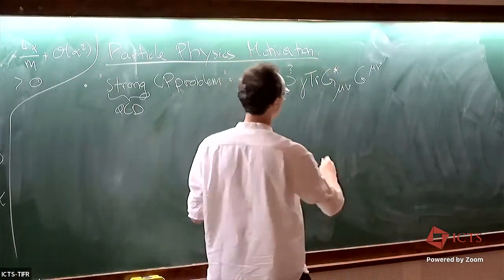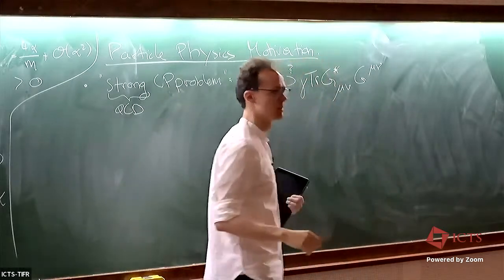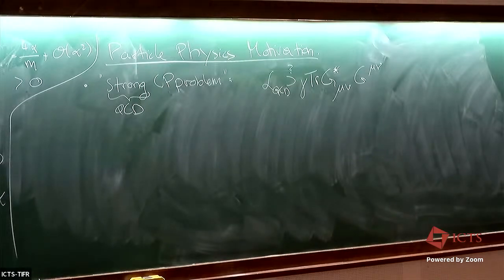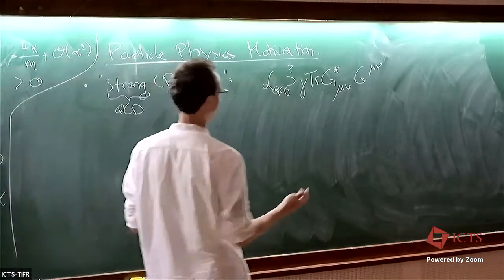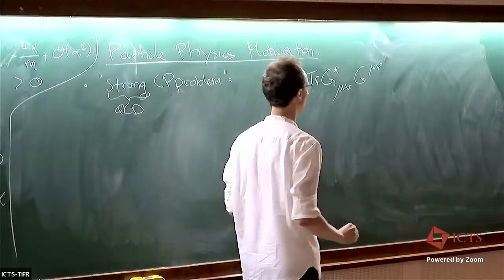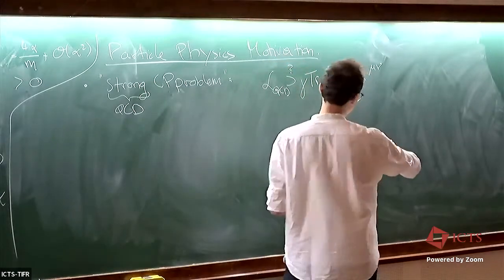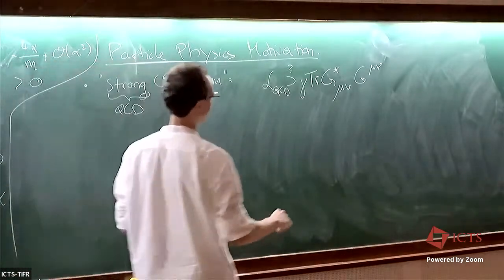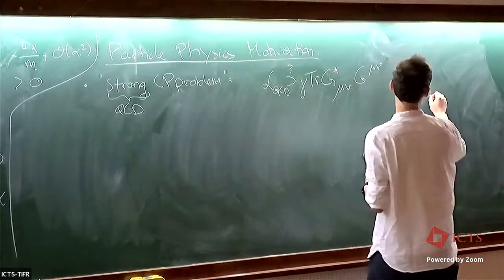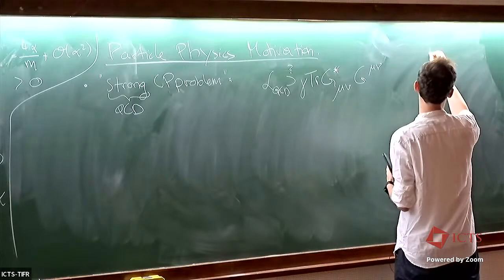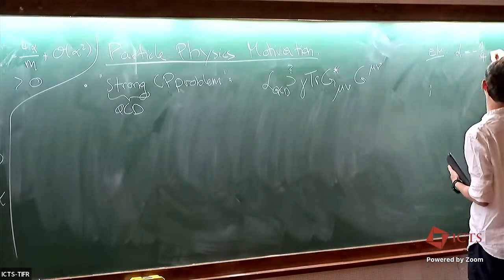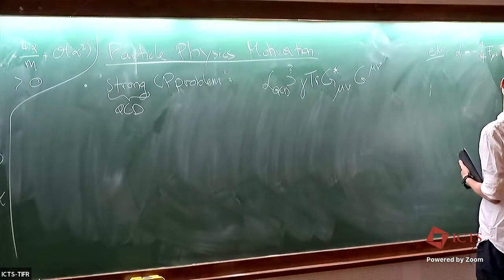Okay, just picture this G to be the field strength tensor from regular E and M. It's obviously slightly different, but that's kind of the picture. And this star here denotes basically what's called the dual. So basically what this means is that in E and M, so let's write E and M, the Lagrangian is something like -1/4 F mu nu squared, right?